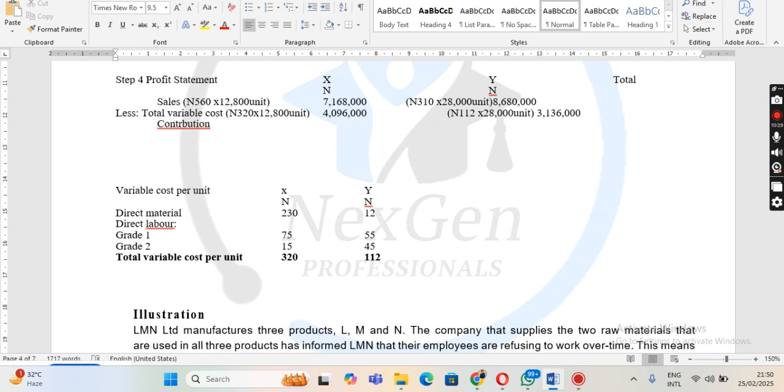For X, we have 3 million 072,000. Next, what is the variable cost? Contribution. That's 5,544,000.